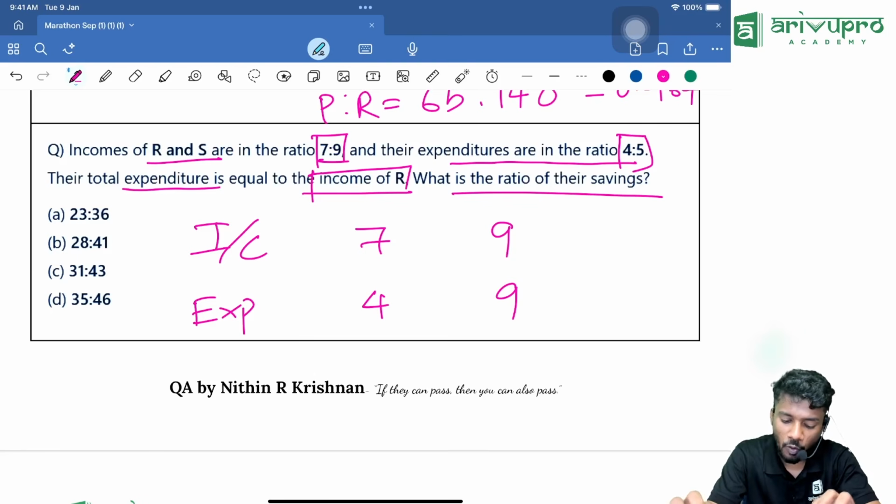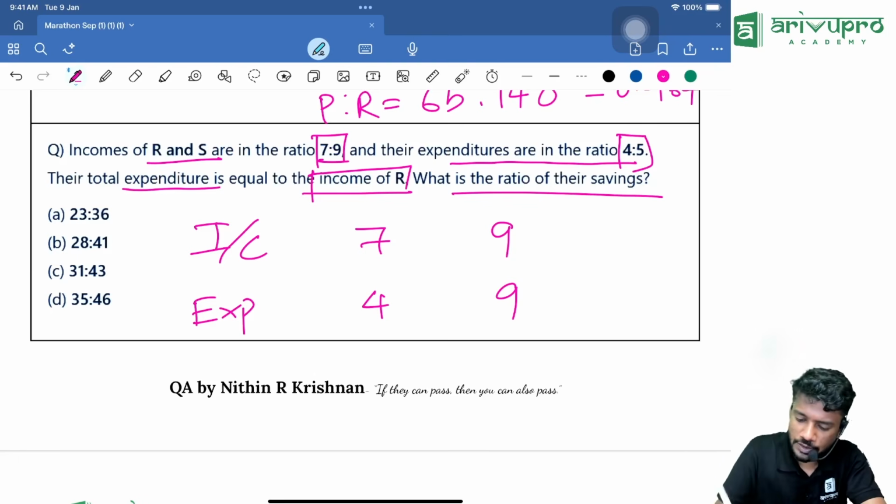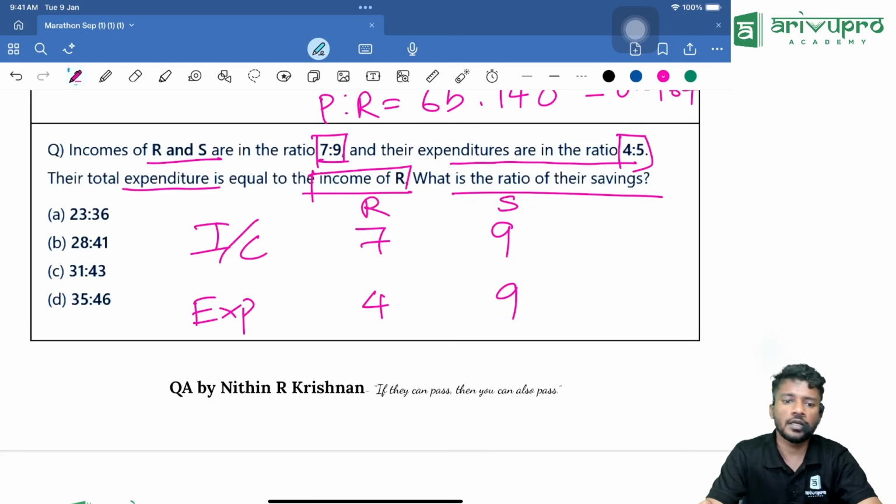The total expenditure is equal to income of R. How to do this? Give me the value.